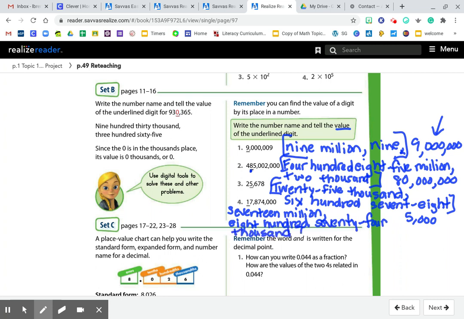And that is the number, the word form. And the value of that 1 there is 10 million. It's in the millions place, the 10 millions place.